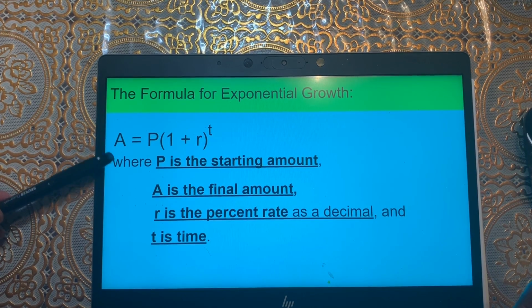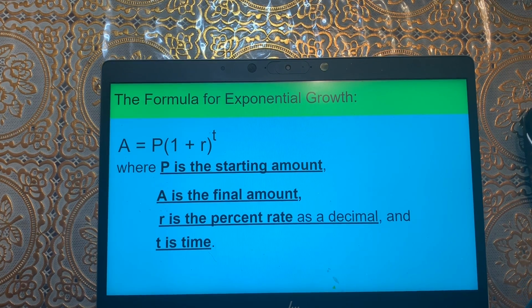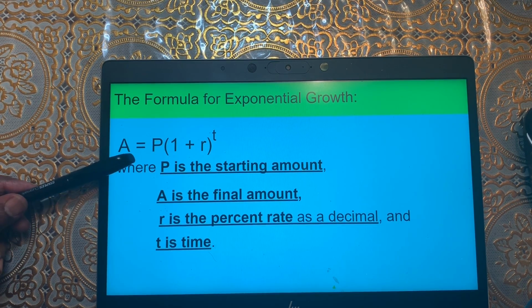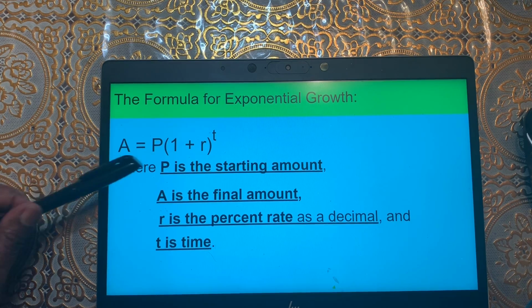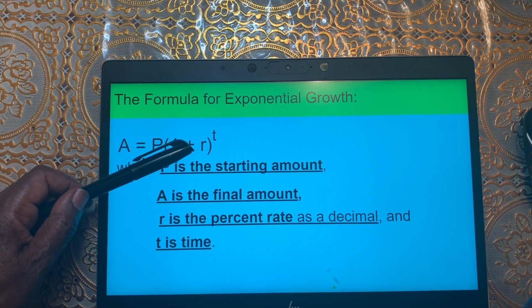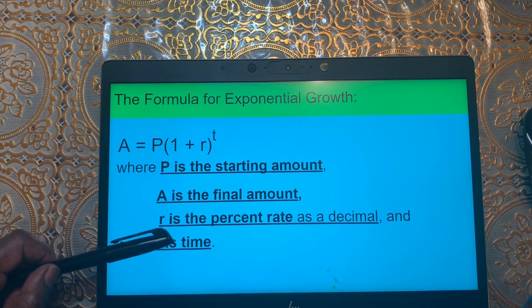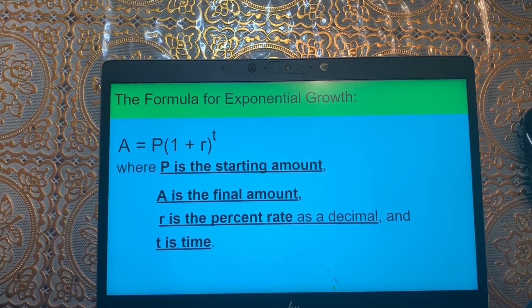This was the same thing when we were doing the exponential growth formula in week 3, when we were modeling exponential growth, where P is the initial or starting amount, A is the final amount, r is the percent rate of growth in decimal usually, and t is the time. So this is one of the important formulas we'll be using.